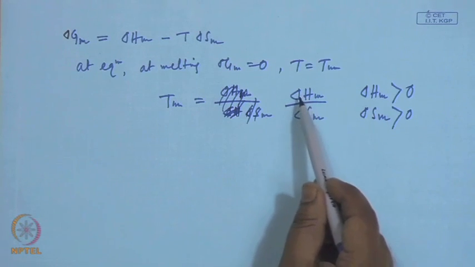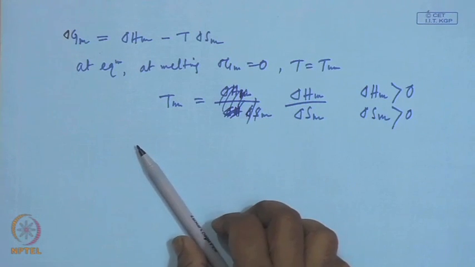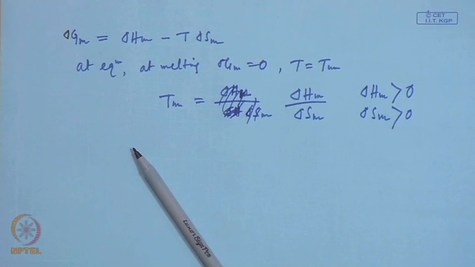Delta H can be increased by improving the intermolecular attraction. If you increase the intermolecular attraction between the polymer chains, then obviously the delta H of melting goes up. And similarly, if the entropy delta S term can be reduced, then the Tm goes up. We will discuss specific examples in a minute.